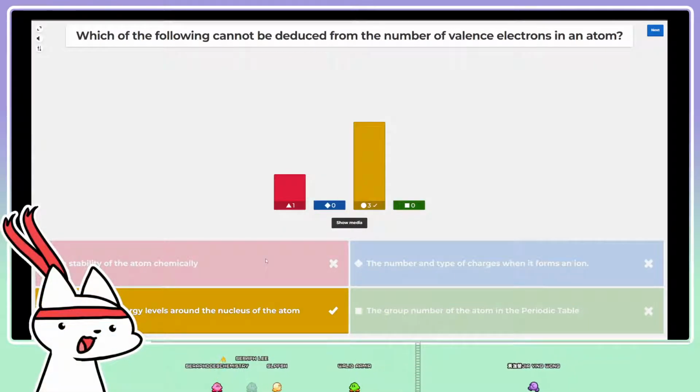In this case, the number of energy levels around the nucleus can be determined by the number of shells. Like if something is 2, 8, 5, there will be 3 shells. If it's 2, 8, 1, there will be 3 shells. 2, 6, there will be 2 shells. Energy level is actually the shells, which can be determined by the periods of the periodic table.